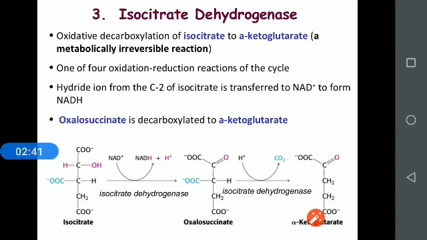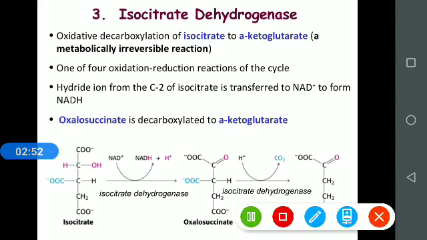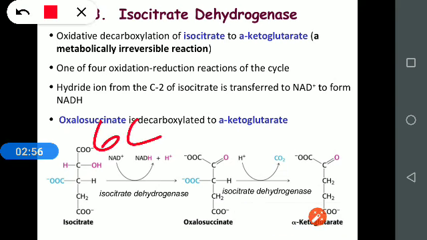In the 3rd step, isocitrate dehydrogenase. Oxidative decarboxylation of isocitrate to alpha ketoglutarate. That means a 6 carbon structure is converting into a 5 carbon structure by decarboxylation, the removal of carbon dioxide.